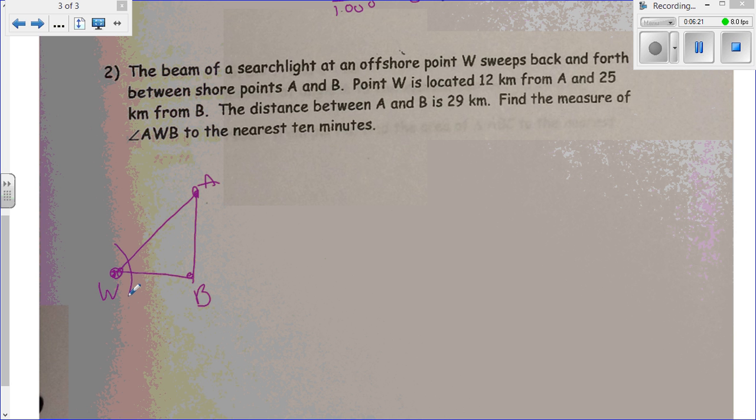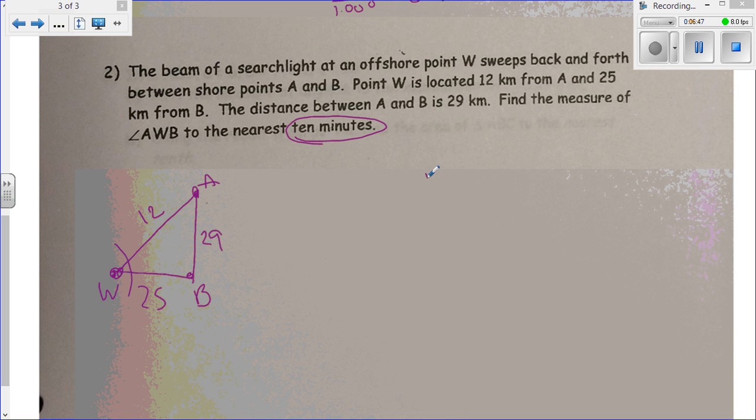And point W is 12 from A, so that's 12, and 25 from B, so that's 25. And between A and B is 29. So this means I have 3 sides. I'm trying to find an angle, which is the law of cosines. This time we need to find it to the nearest 10 minutes.